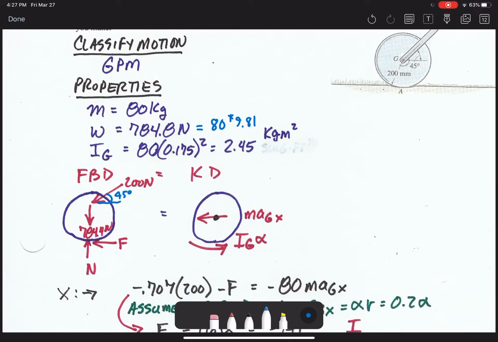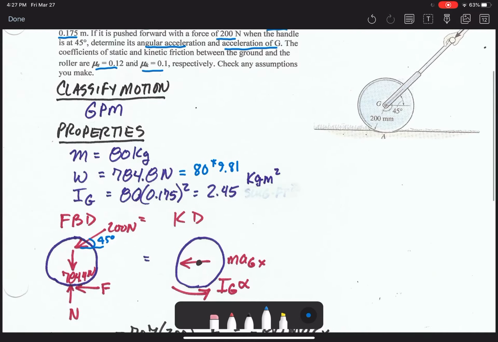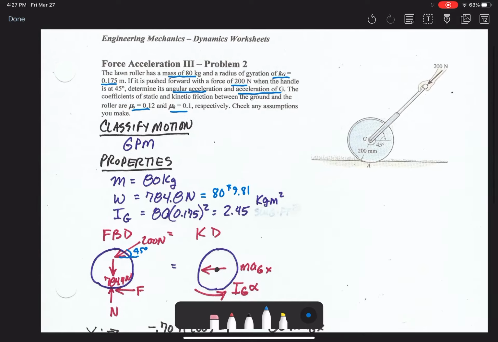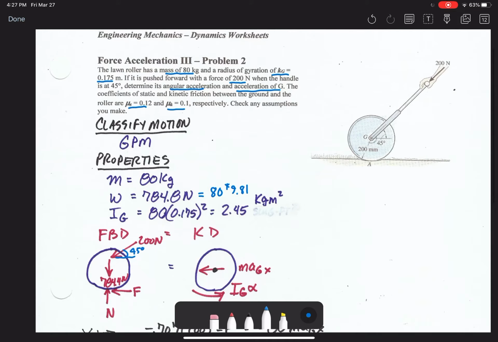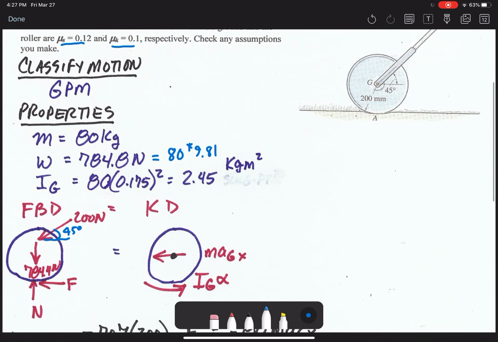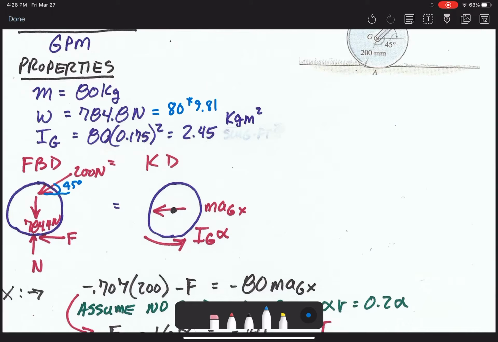In the kinetic diagram, if you apply the force that way, the wheel will tend to move to the left and it rotates counterclockwise. So that's why you have I_G alpha counterclockwise and m a_Gx going to the left.